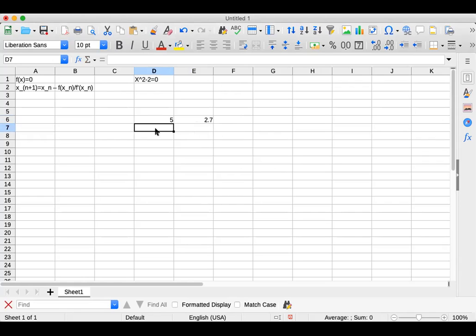Now, in order to finish this, what I need to do is to understand a concept from all the spreadsheets, which is autofill. If I'm writing a formula containing, like in this case, the name of a cell, this name of the cell has a relative address. So this is E6. What I'm telling this guy is to take D6, which is one cell to the left, and do these computations with it.